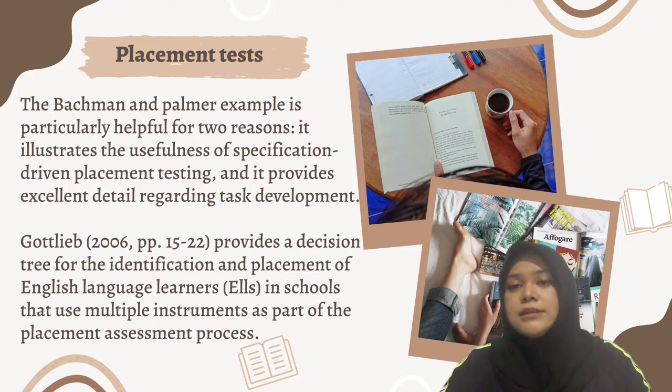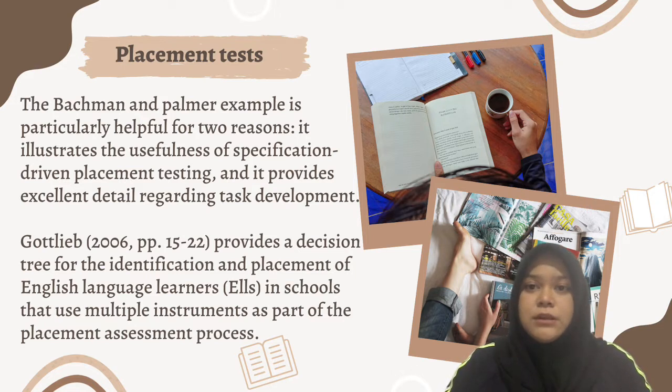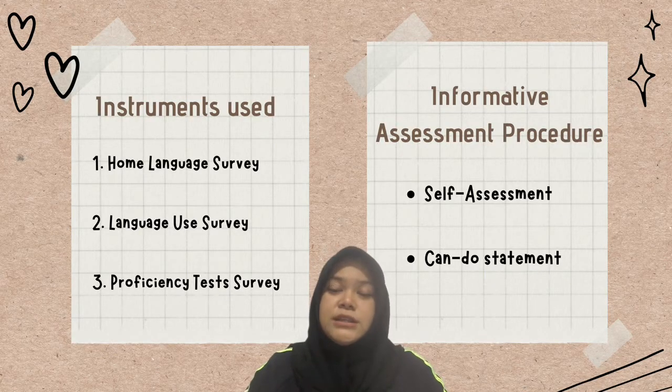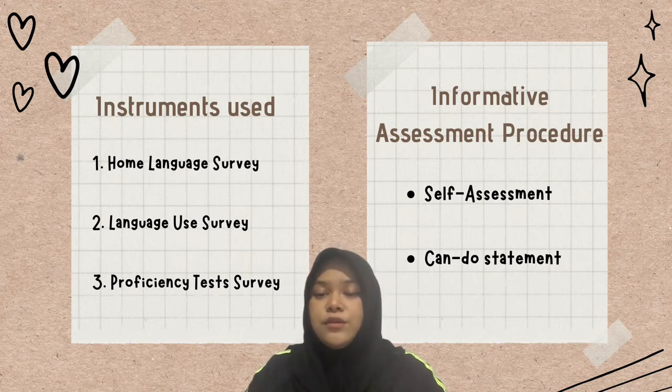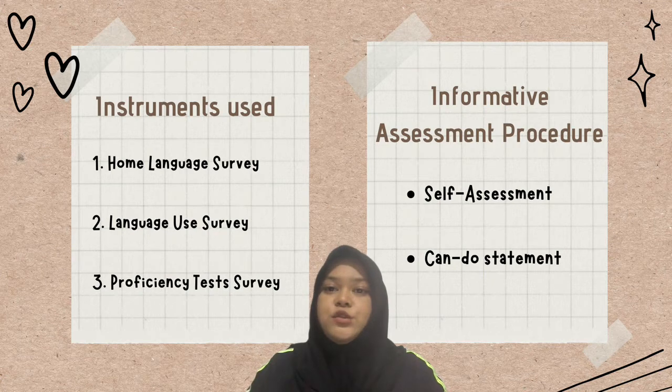In some contexts, self-assessment may be used as the primary tool in placement, particularly but not exclusively with language learners in low-text contexts. The instruments used in assessment for placement include, one, the home language survey, which elicits usable information about entering students' linguistic and educational backgrounds.